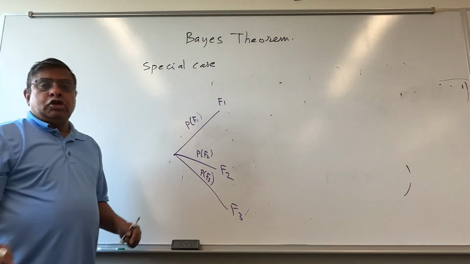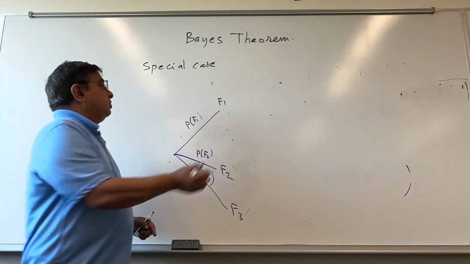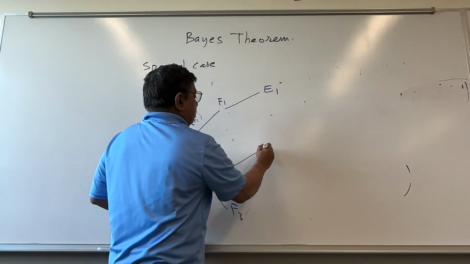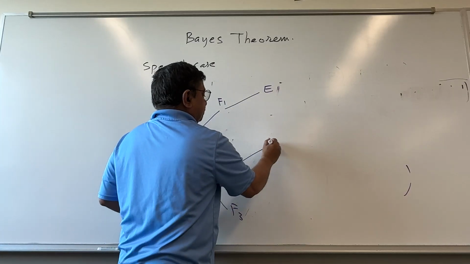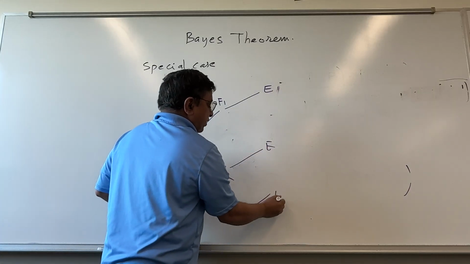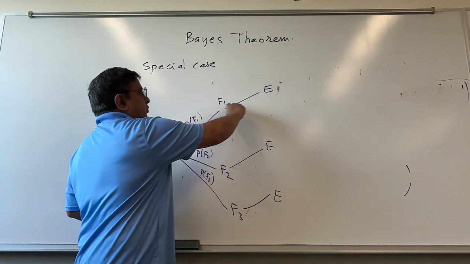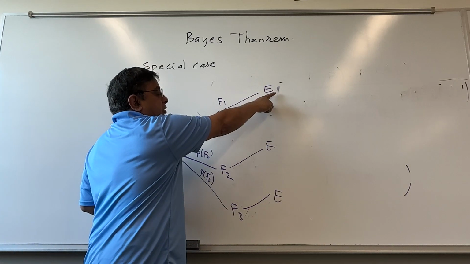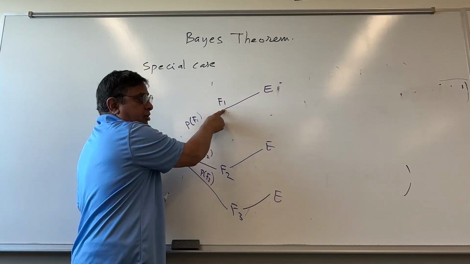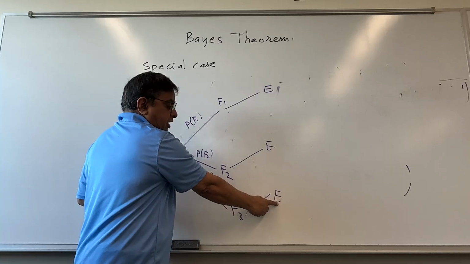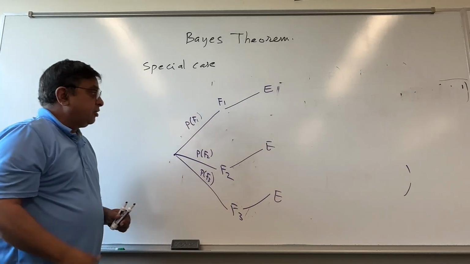And then you want E to follow F1, E to follow F2, or E to follow F3. So you have 3 paths here: approaching E via F1, getting to E via F2, getting to E via F3.